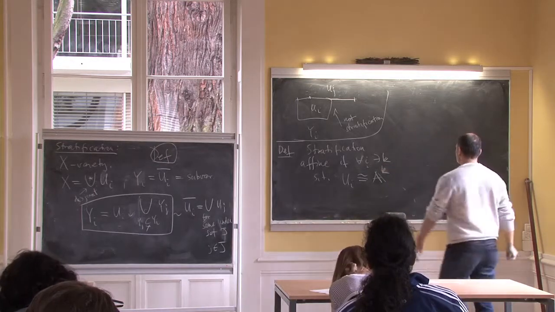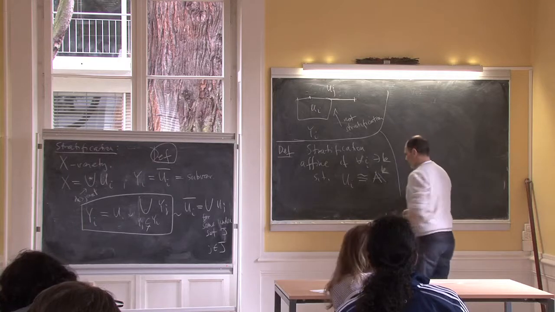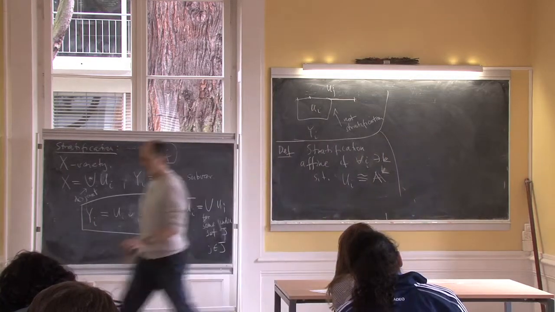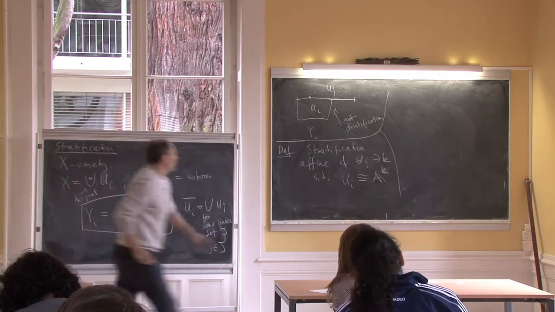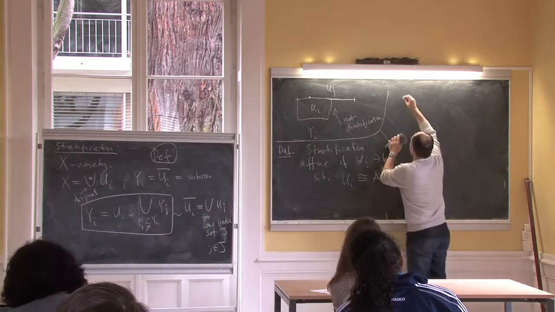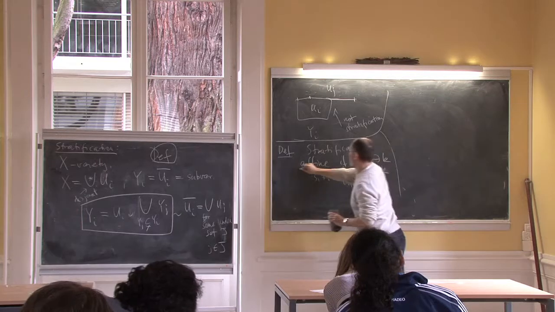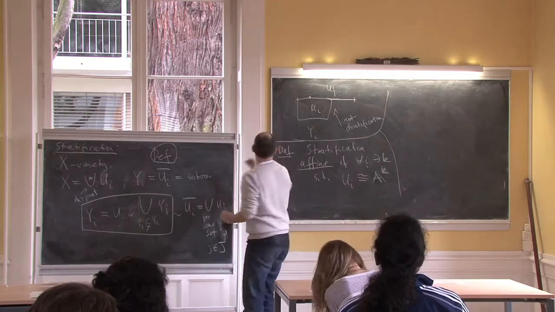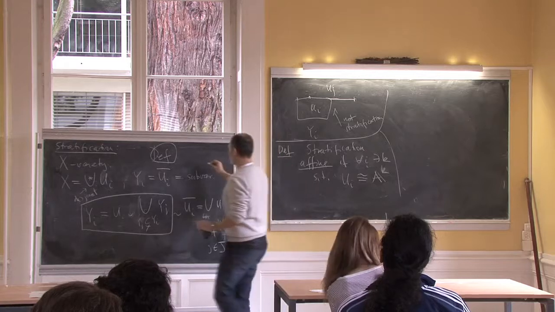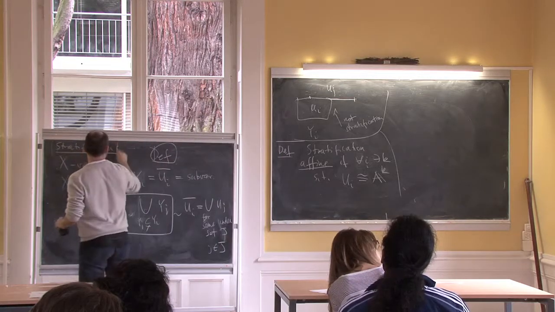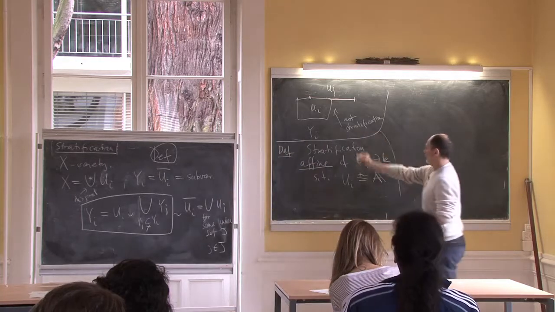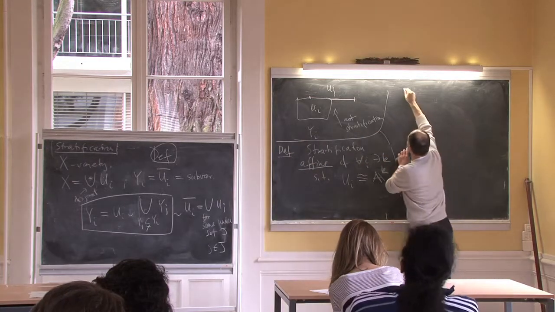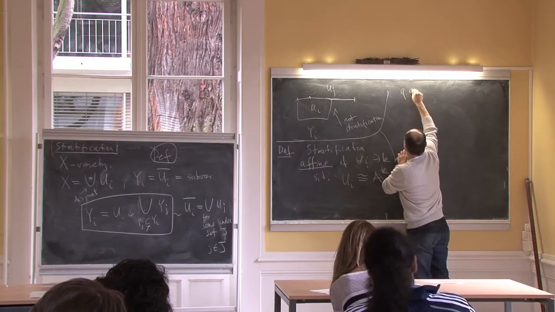Okay, that's not so surprising. And we call it quasi-affine. So this is affine. This is the definition of stratification, basically this condition here. The affine condition is this, and then there is also quasi-affine.